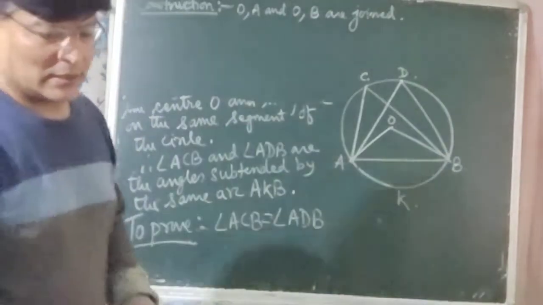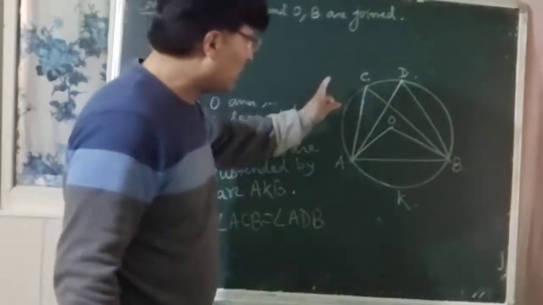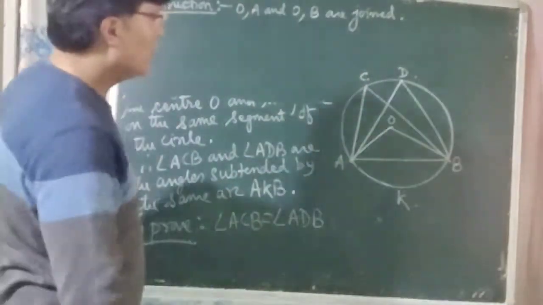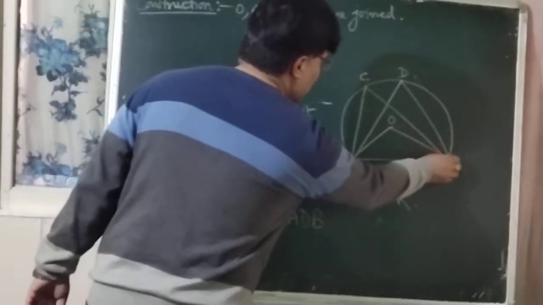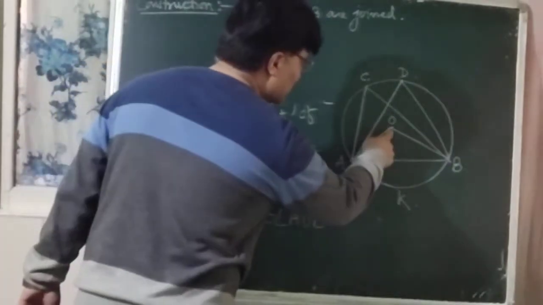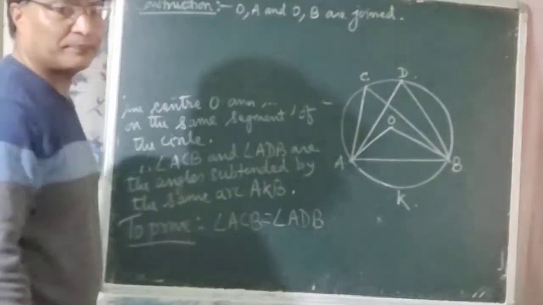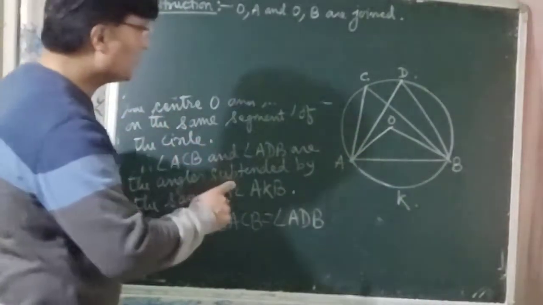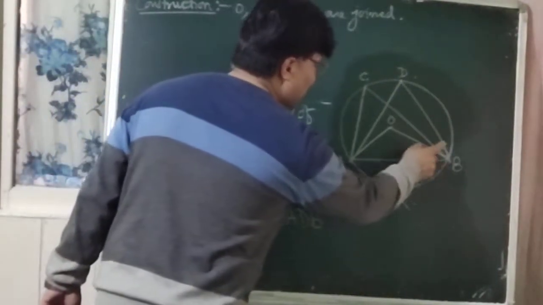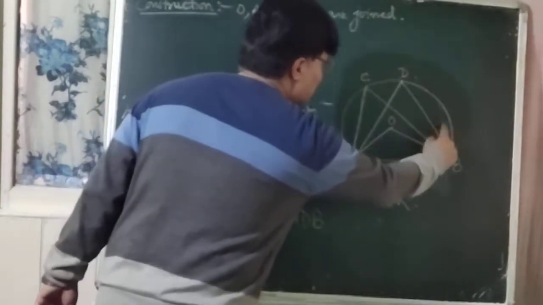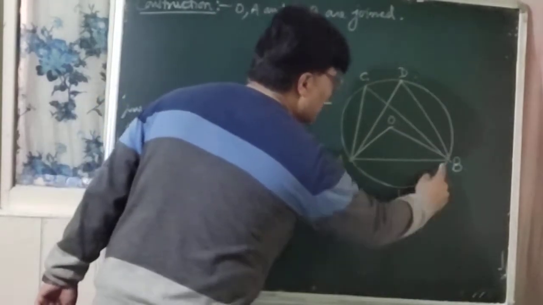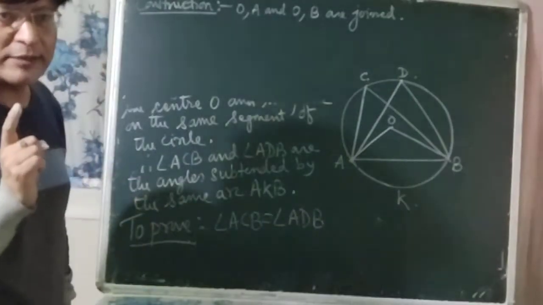Now what do we see here? Angle AOB is the angle at the center O of the circle subtended by the arc AKB. Also, angle ACB is the angle at the remaining part of the circle subtended by the same arc AKB. So what can you write?